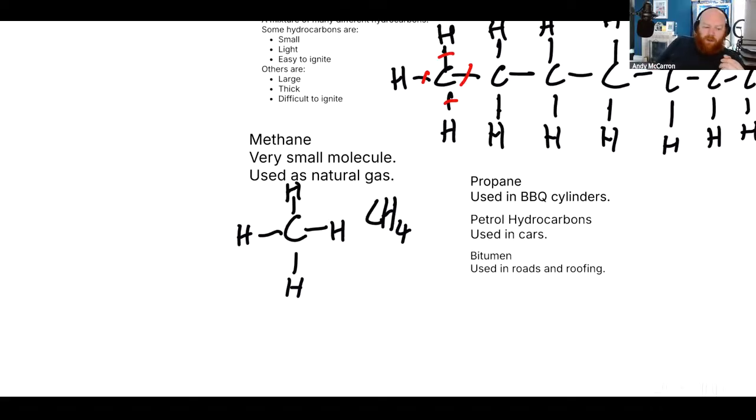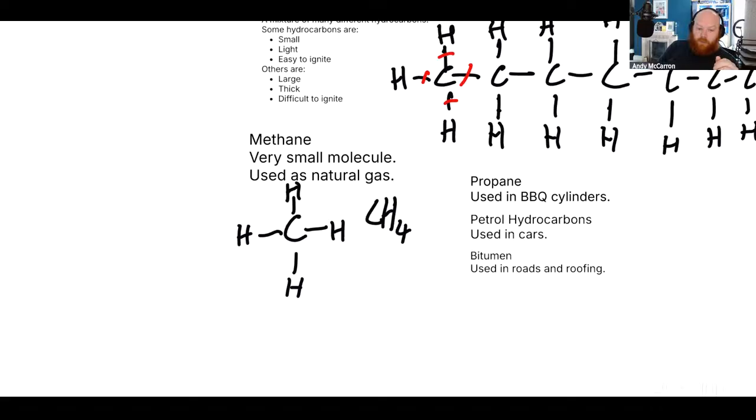When you think of bitumen and compare that to methane, that is quite a difference in a substance, but they all come together and make that individual substance called crude oil.